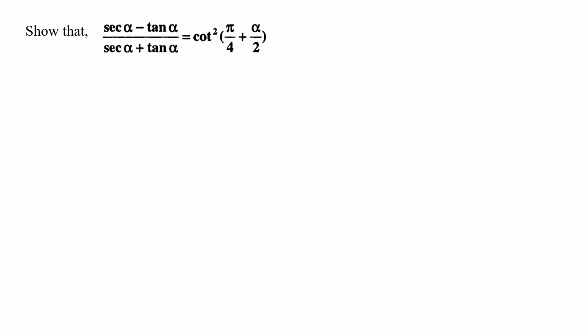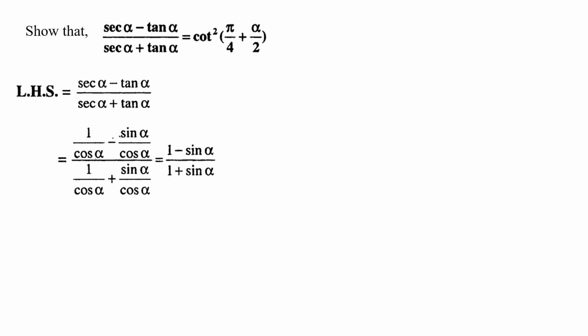Show that sec alpha minus tan alpha equal to cot square (pi by 4 plus alpha by 2). Left hand side, (sec alpha minus tan alpha) by (sec alpha plus tan alpha).